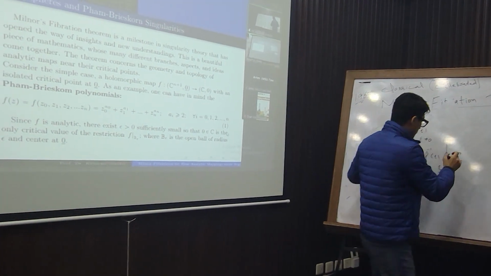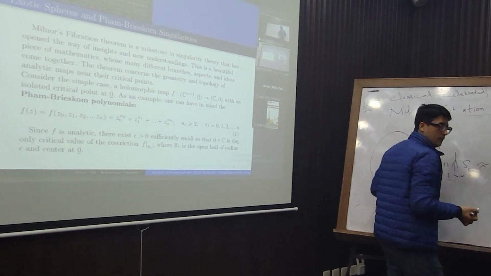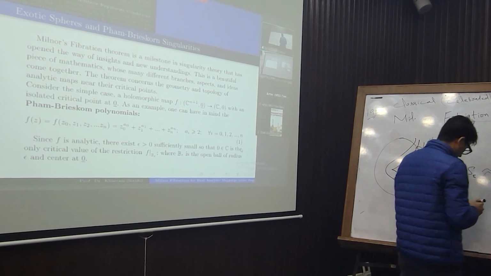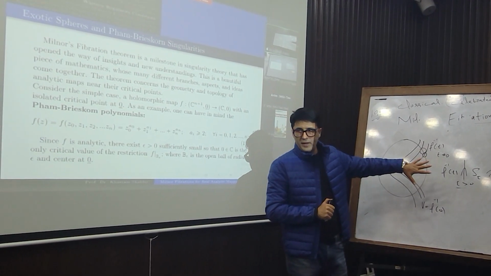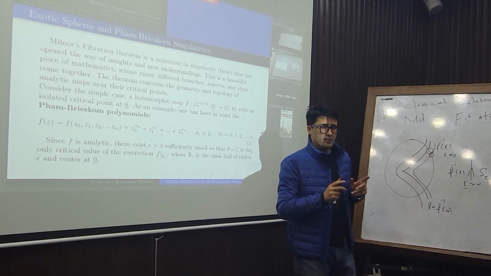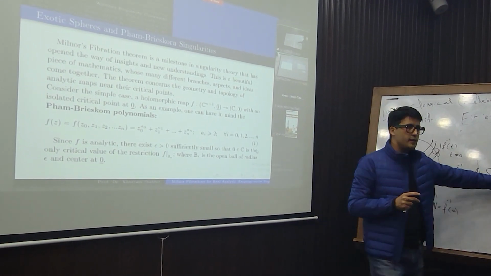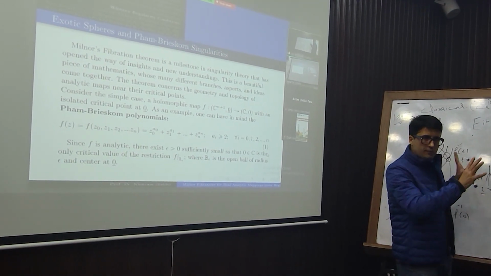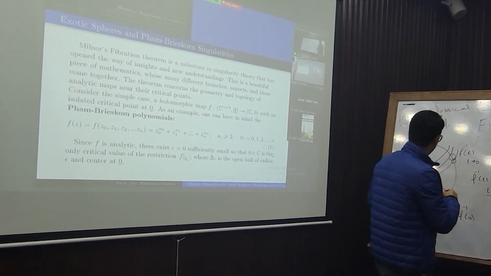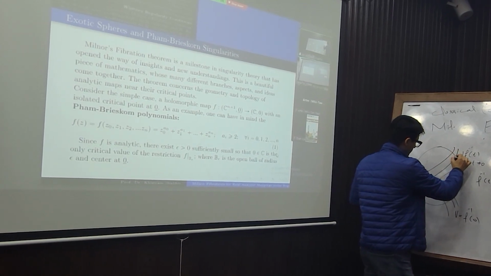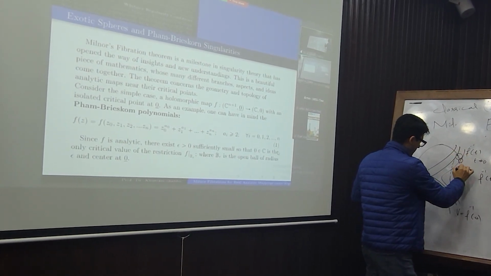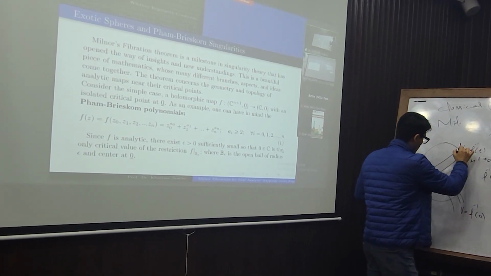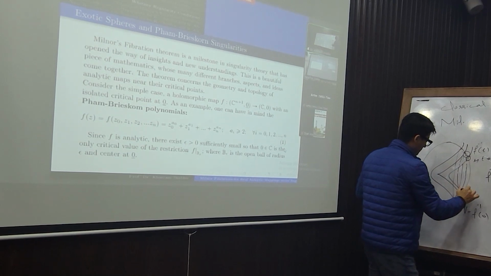If this is transversal, then this is nothing but a manifold, of dimension 2n minus 1 in this case. So this is one of the beautiful ways to construct manifolds. This manifold is the intersection of a fiber with a sphere. And if you look at the intersection of this fiber, this is a manifold, and if you look at the intersection with this, it is another manifold.